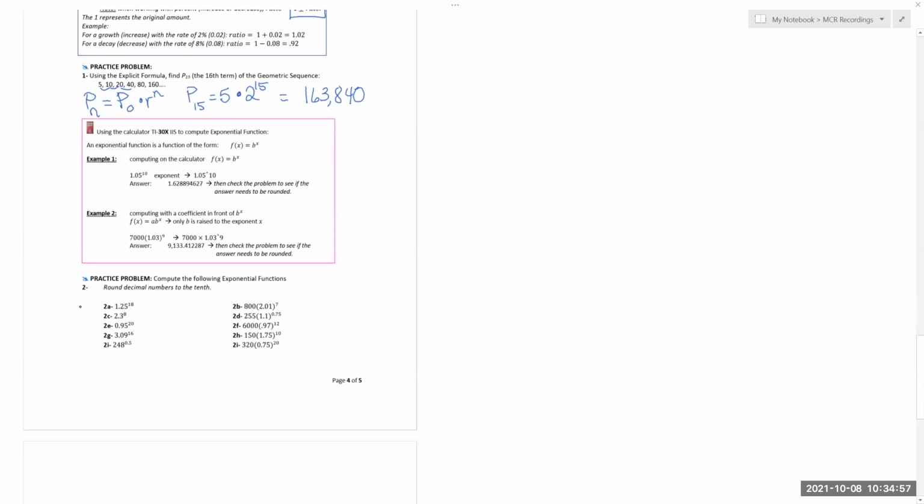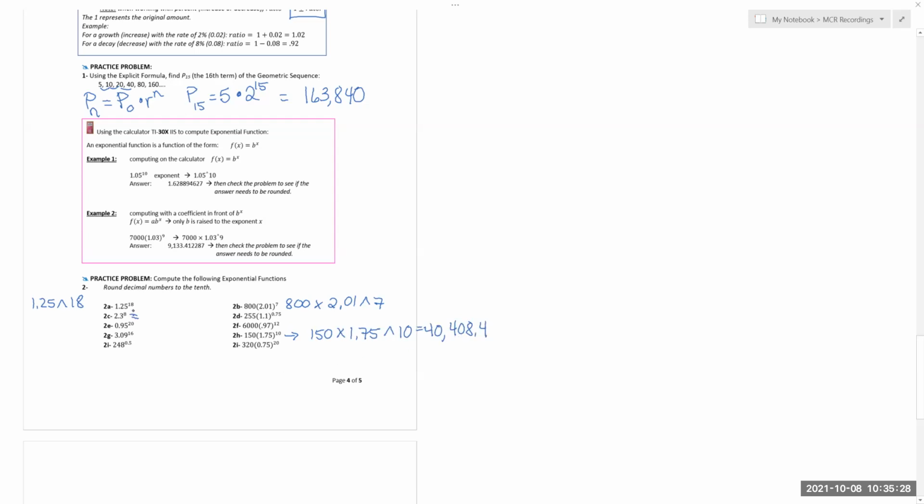All right, so just a little bit of work with how you would plug this in. If it looks like 2A, it would be 1.25 caret 18. If it has a number in front, it's okay. You just type it in anyway because your calculator knows order of operations. So a few of these, just to make sure we're doing okay, would be 150 times 1.75 caret 10, and you would get 40,408.4 because it says round to the tenth.